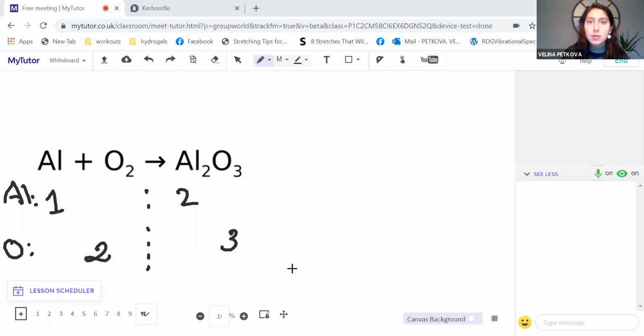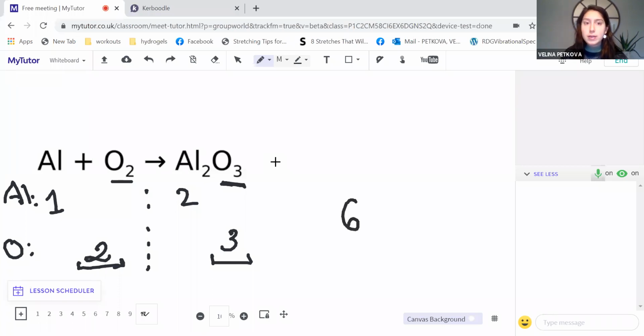Okay, so now let's firstly try to balance our O3 and O2. These are probably the hardest thing. So when you have something like this, the best approach is to find a common multiple of the 2 and 3 and make it that, okay? So what's a common multiple of 2 and 3? So that would be 6, exactly, okay?